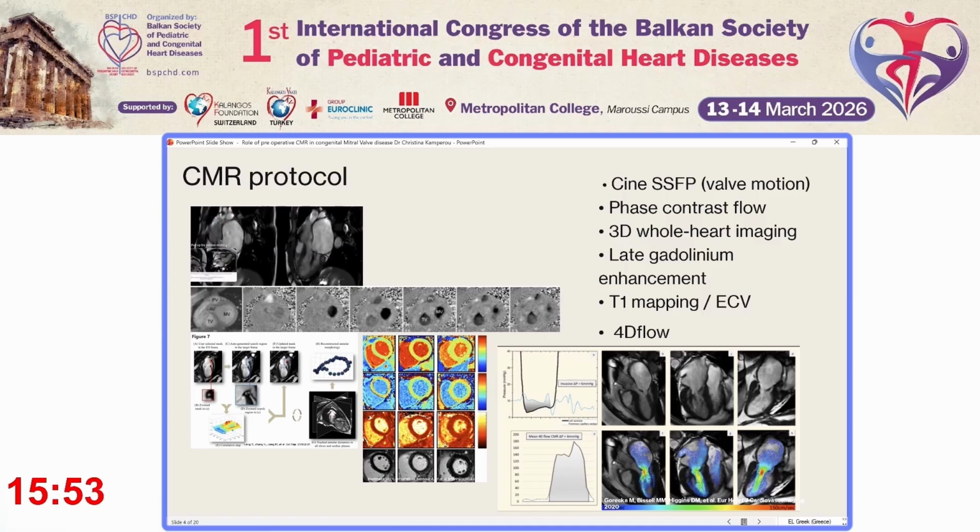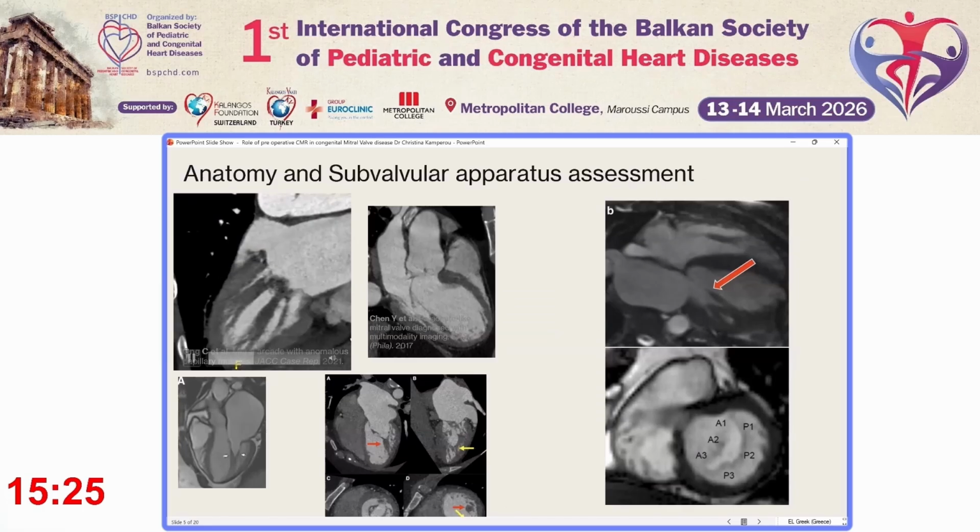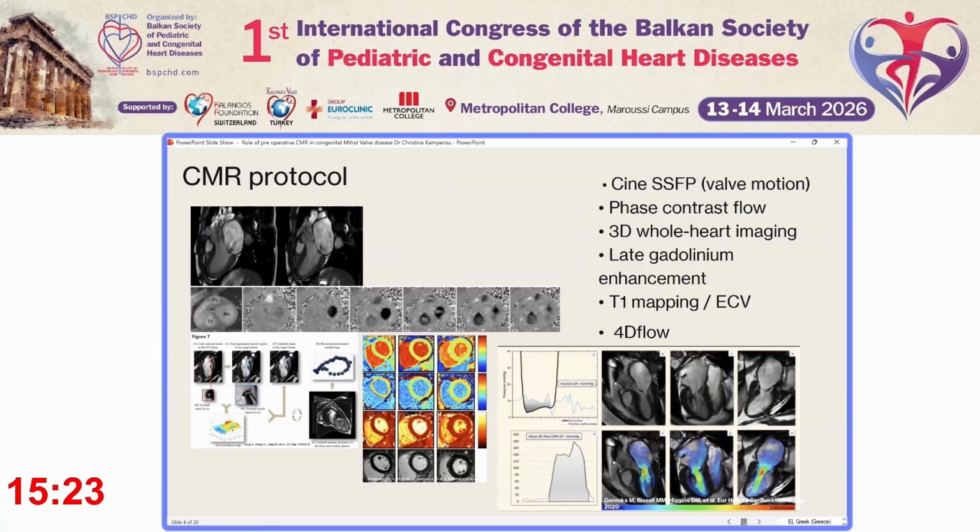It can provide highly accurate and reproducible measurements of LV volumes and function, and enables robust quantification of MR or stenosis using volumetric and flow-based techniques. A typical CMR protocol includes cine SSFP sequences for valve motion and ventricular function, phase contrast imaging for flow quantification, 3D whole heart sequences for anatomical relationships, and tissue characterization with late gadolinium enhancement and T1 mapping.